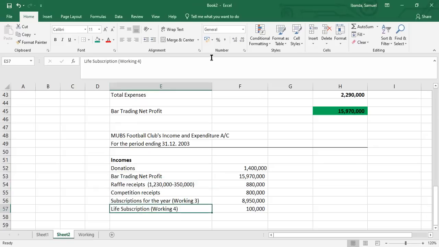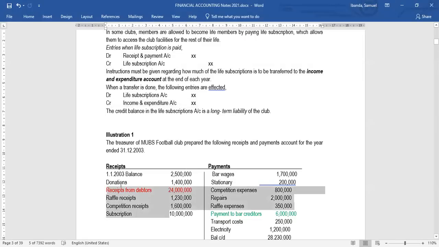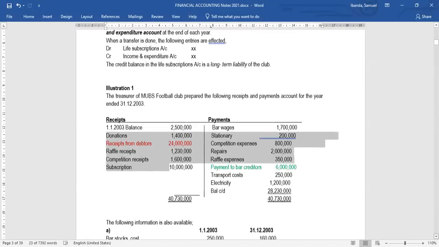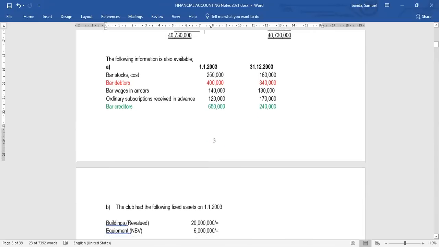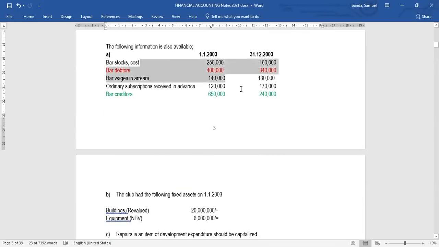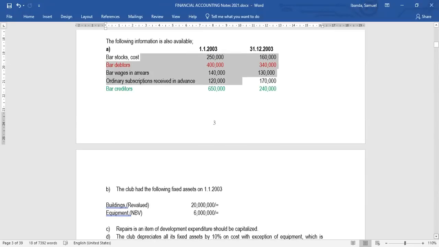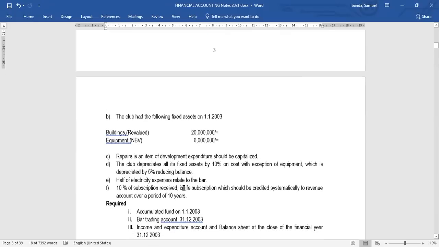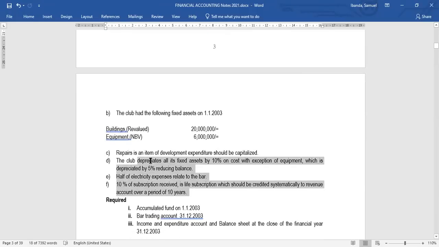So that is what we have done for the incomes. Now yours is just to confirm that you don't have any other income that you've left out. Because in the receipts and payments, at least we've recorded everything. Of course, incomes won't be on the credit side, that's why I've not even looked at the credit side. I've taken into consideration this information, and I only found something to do with incomes, only ordinary subscriptions. In this additional information, I only took this part.